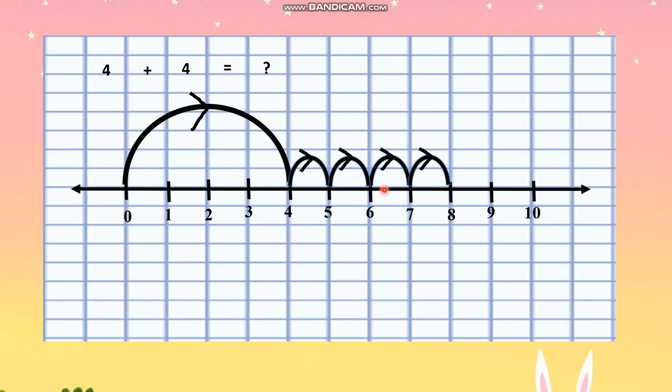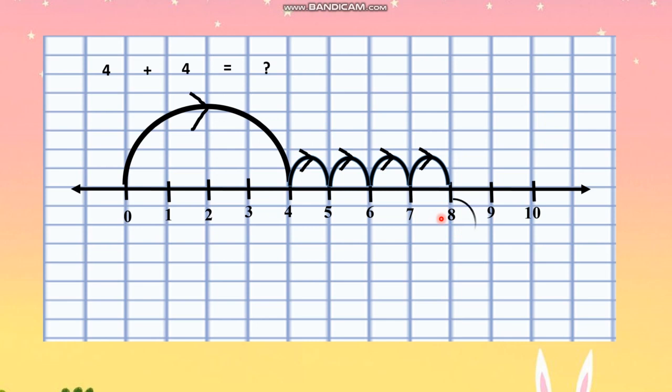As I said, you are going forward, and in whichever direction you go, your arrow will also be in that direction. So we are moving forward on the number line. So I will make the arrow like this. If we had gone backward, then I would have formed some other arrow. But for now, remember, when we are adding two numbers on a number line, you move forward. Okay? So where have we arrived?